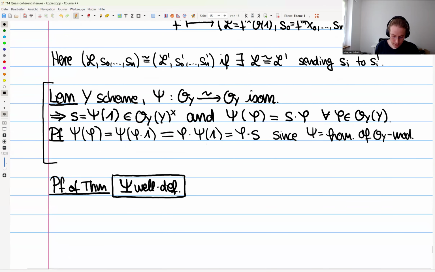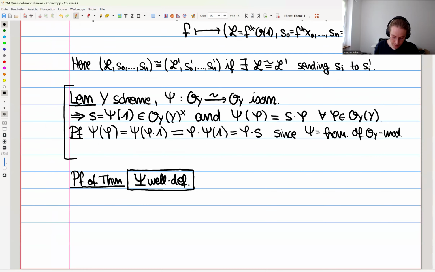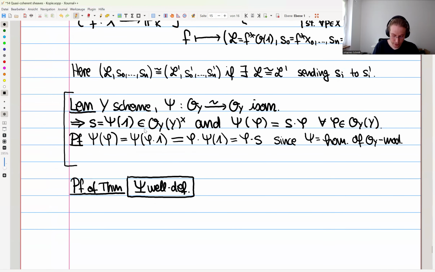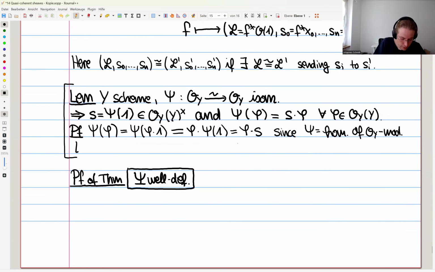And then the only thing that remains to show is that this S is invertible, but there we need to use that this is an isomorphism. So if we call T the image of 1 under the inverse map, then it's true that 1 equals psi of psi inverse of 1, of course.